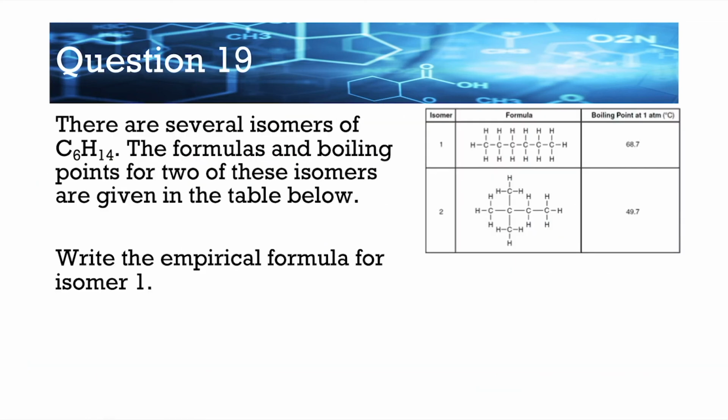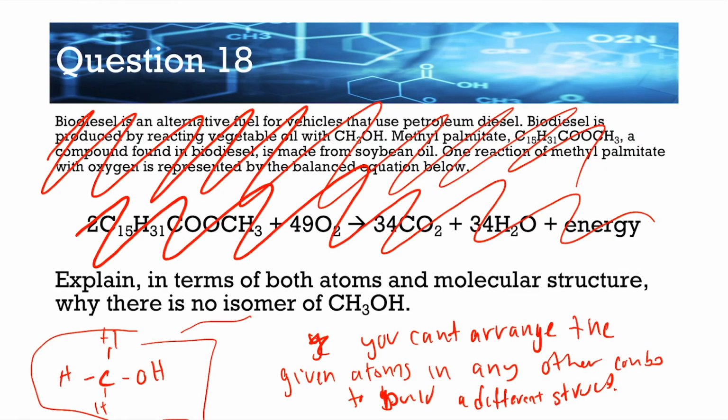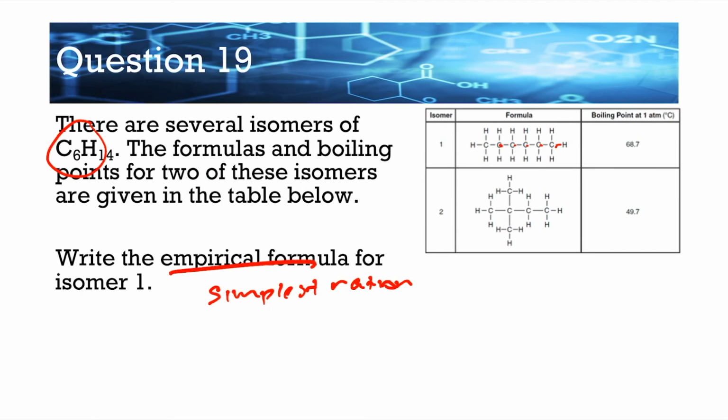Number 19 says, write the empirical formula for isomer number 1. So remember, that is the simplest ratio. And the formula that we're working with is this one right there. So C6H14.